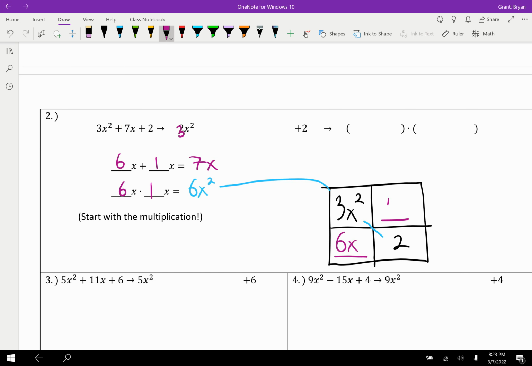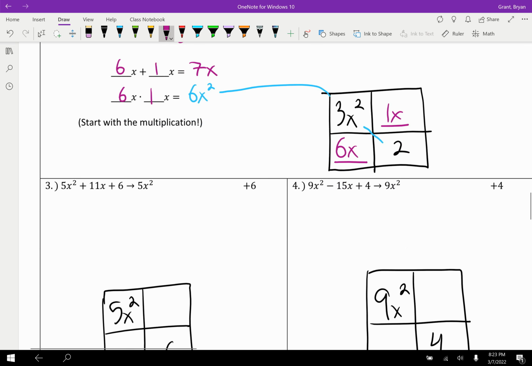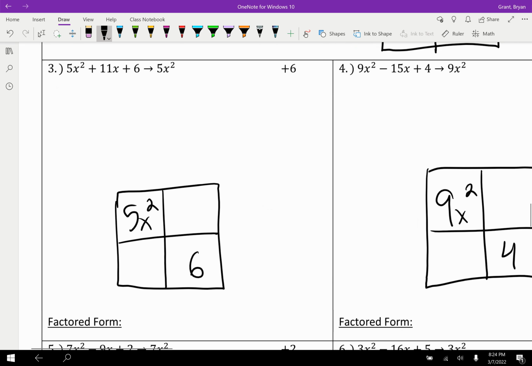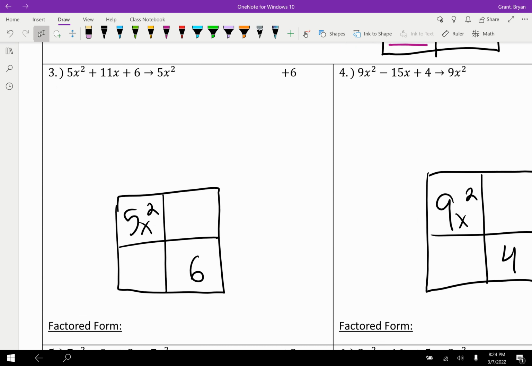So 6x, 1x. Next up, 5x squared plus 11x plus 6. You have a little bit more freedom here on how you want to show your work. Some of your classmates are going to be talking about this cool X box method that they learned. And that's great. I'll show you what they mean.